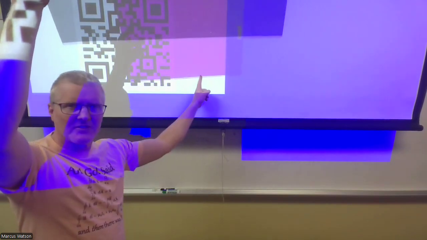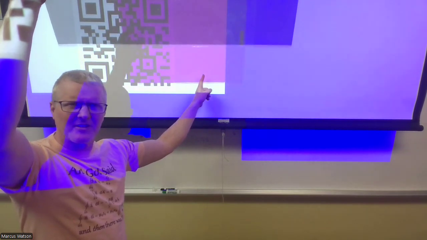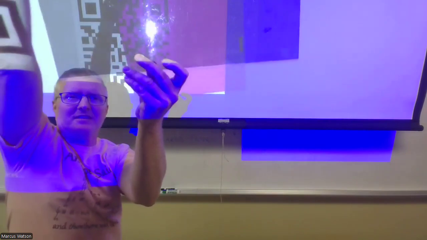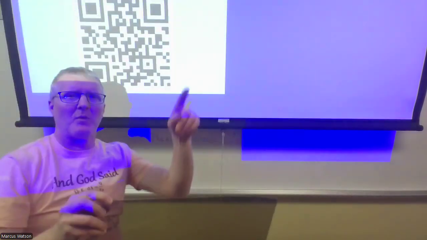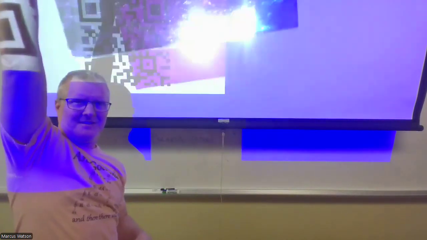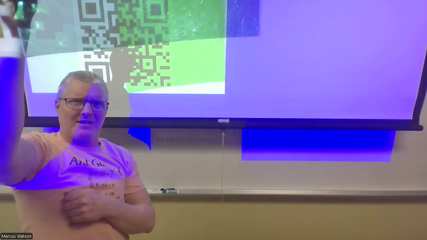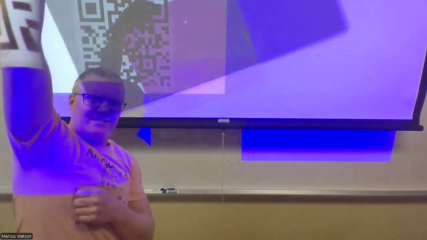Can you see this is magenta color? So I find that interesting. And what's more is if I do this, right, my white light has turned magenta. If I do this, it's turned green. Isn't that interesting?